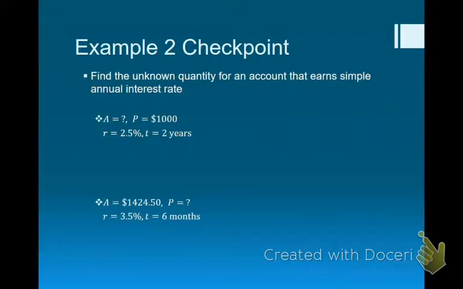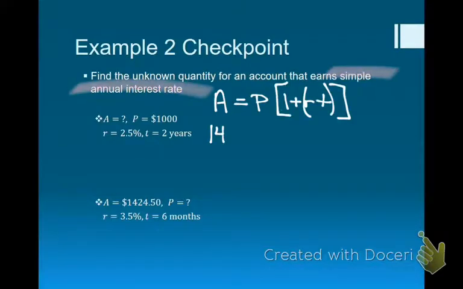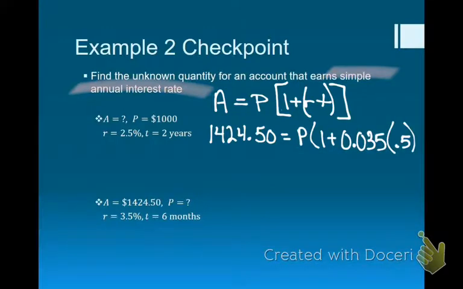Okay? It gives you A now and you have to solve for P. Okay, so now I still start with the same formula. A equals P times 1 plus RT. Now it's 1424.50 equals, I don't know P, times 1 plus the rate times the time.